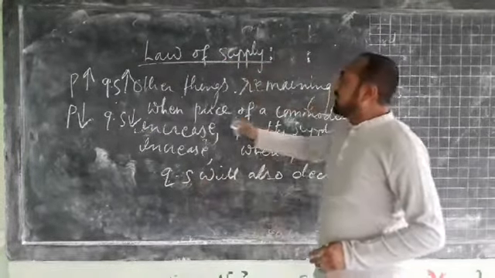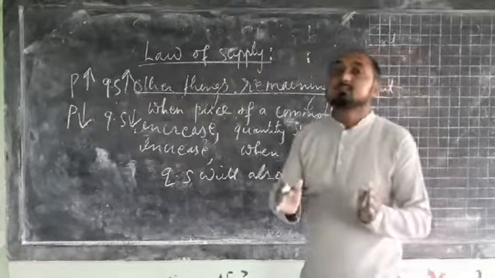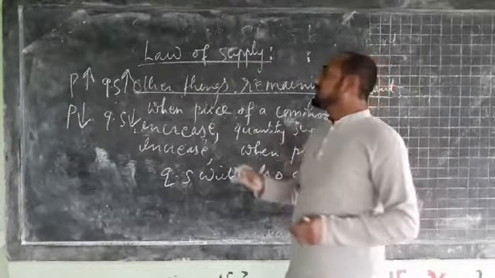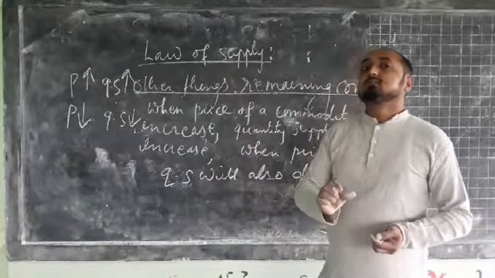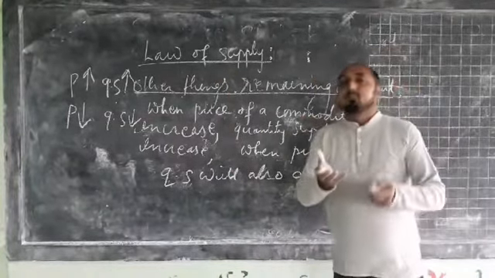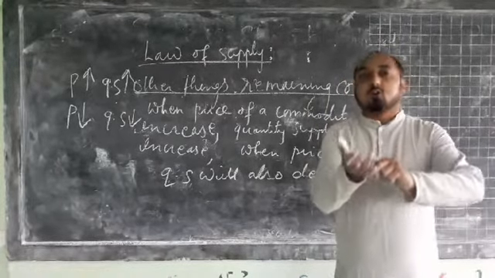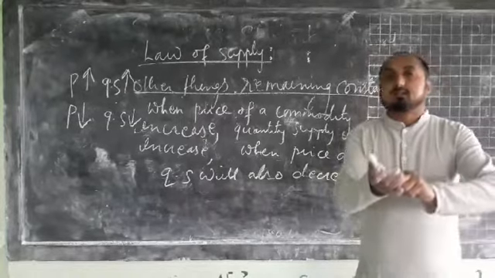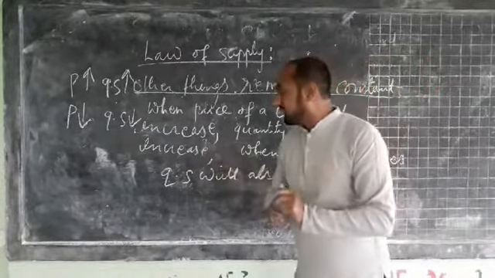Now we have mentioned here other things remaining constant. So what are the things that are going to remain constant in the case of explaining this law of supply? So the other determinants like price of related goods, goals of the producers, technology, input prices, etc., those factors will remain constant.